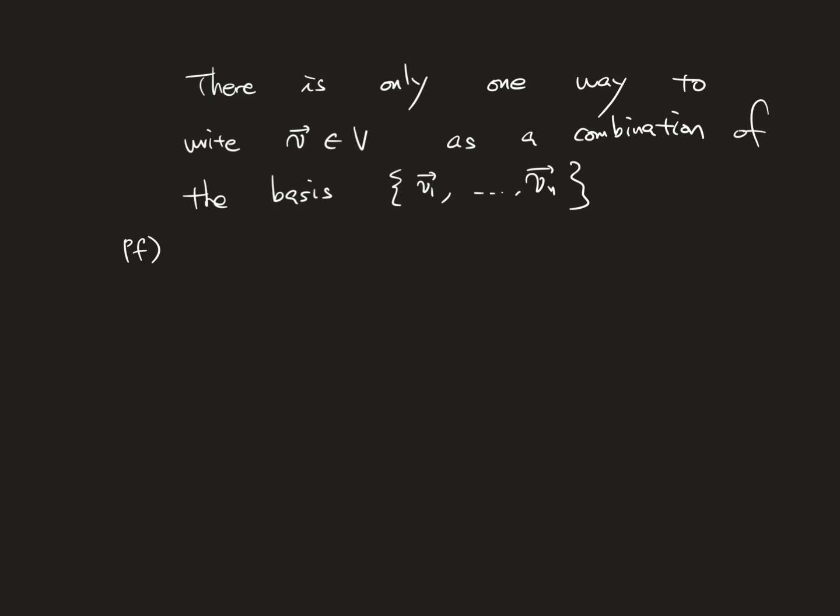So we know the existence, but we can prove the uniqueness using the linear independence property. Suppose that any vector v is a linear combination of this basis.